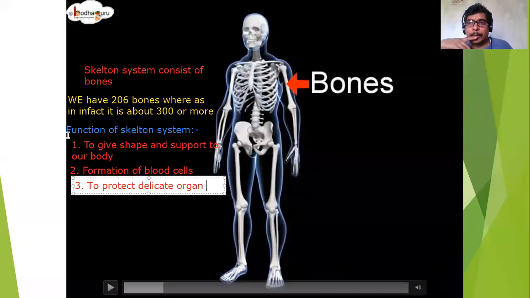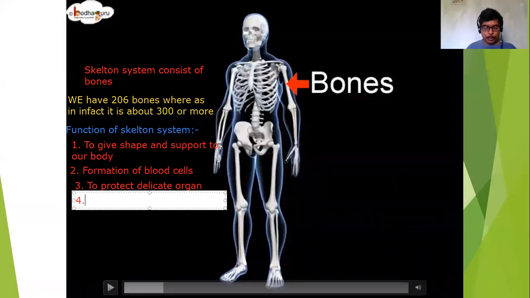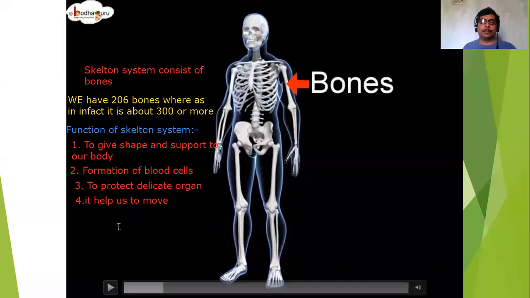These are the delicate organs, nazuk organs. And the fourth and the most important, the skeleton system helps us to move. Okay, these are the work of the skeleton system.